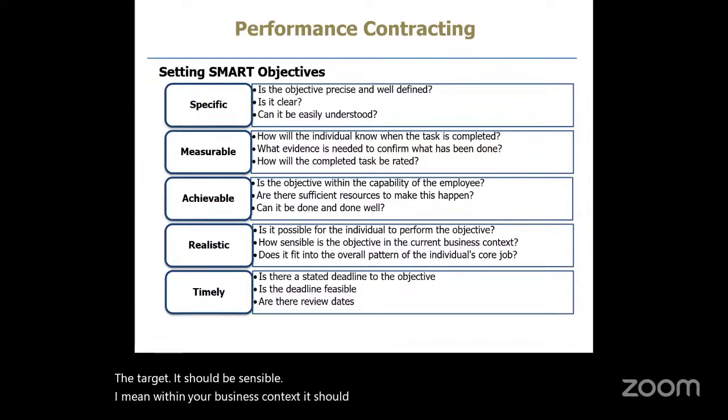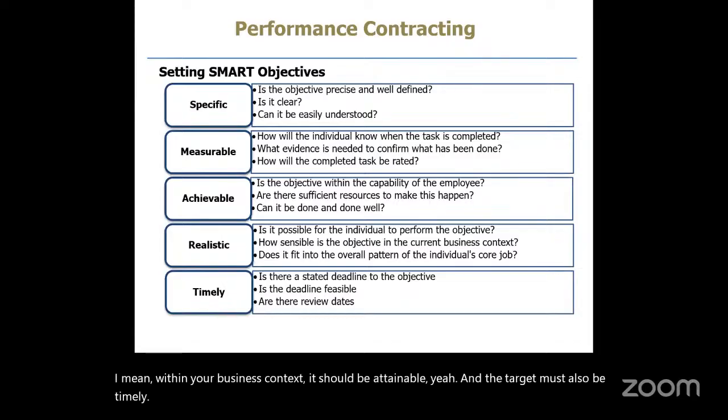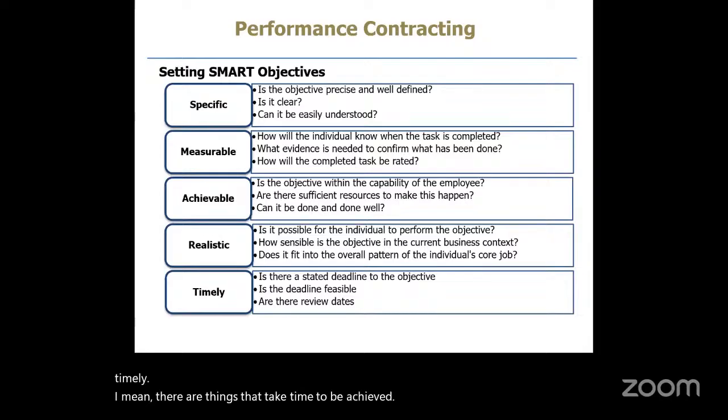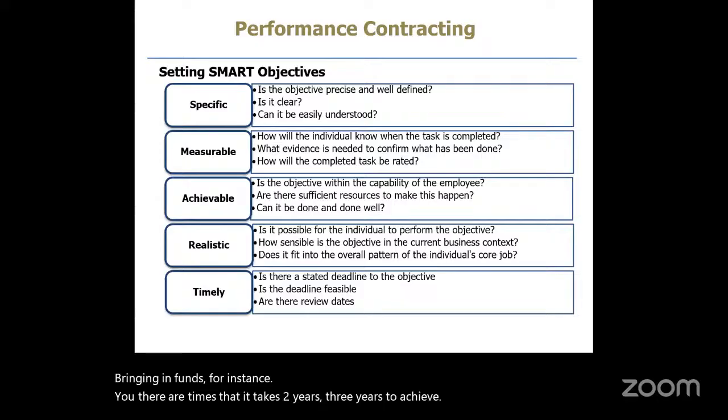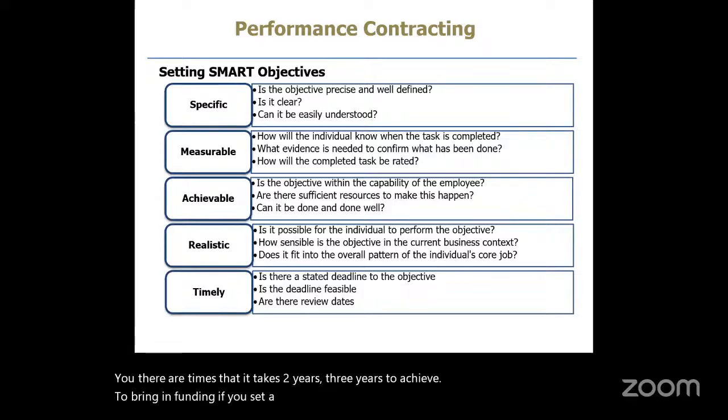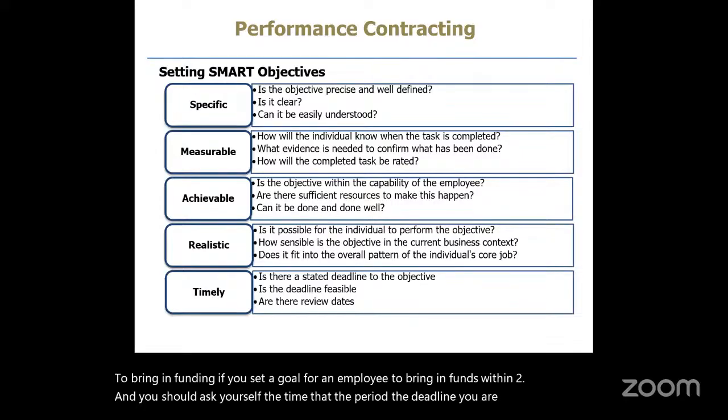And the target must also be timely. I mean, there are things that take time to be achieved. Bringing in funds, for instance, there are times that it takes 2 years, 3 years to bring in funding. If you set a goal for an employee to bring in funds within 2 weeks, you should ask yourself about the deadline you are assigning to a particular target, is it feasible?